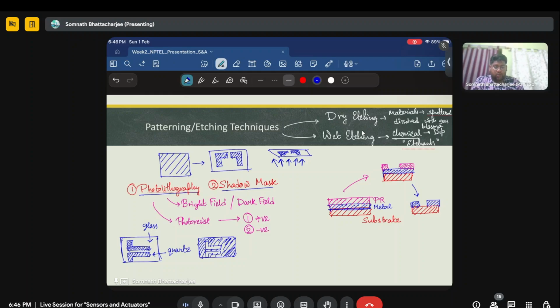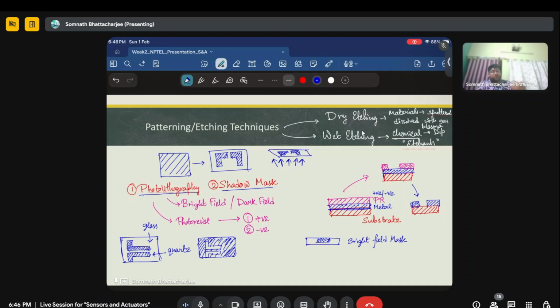So what is a negative and a positive pattern? If you are using a positive photoresist with a bright field mask, let's say we have a very simple pattern like this, a square or something like that. So this is a bright field mask. Now, if we are using a positive photoresist, this PR layer is positive or negative, right?